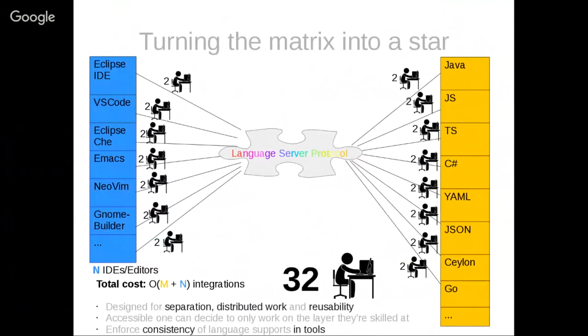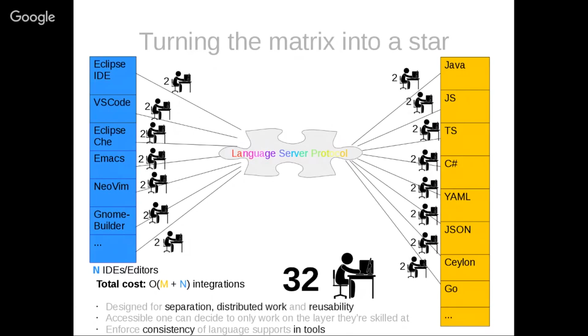How does this approach scale? So it turns the matrix-based integration into a star. Since the language server protocol is in the middle, tools and languages only have to integrate with the protocol, and just with that, they provide all the value of a good developer experience in an IDE.